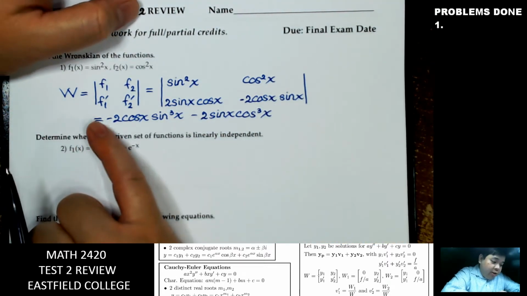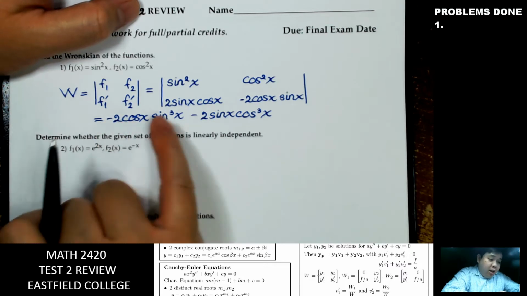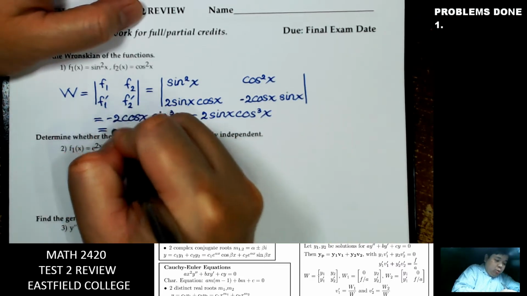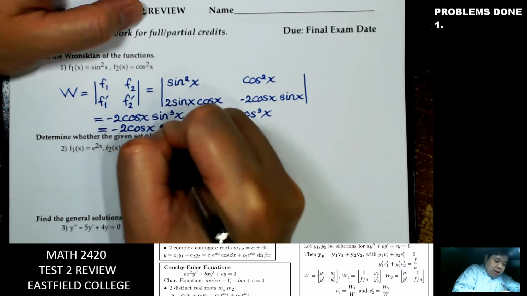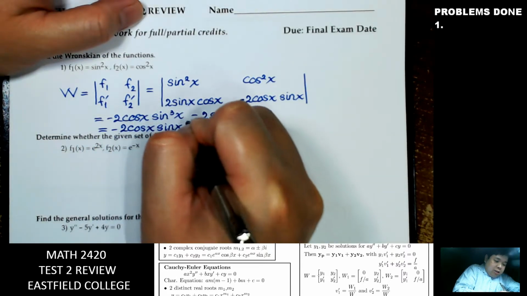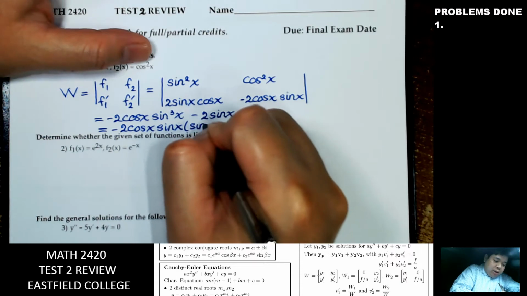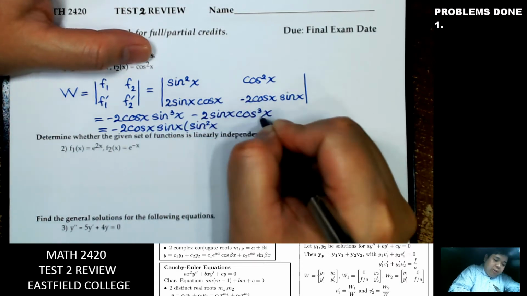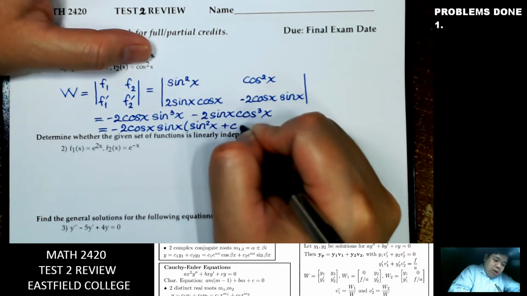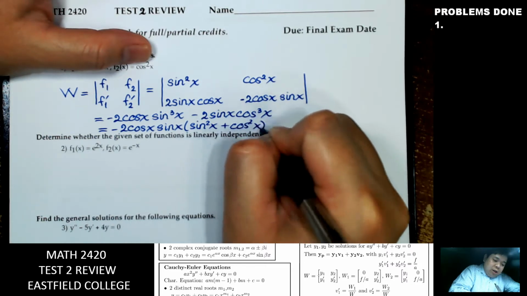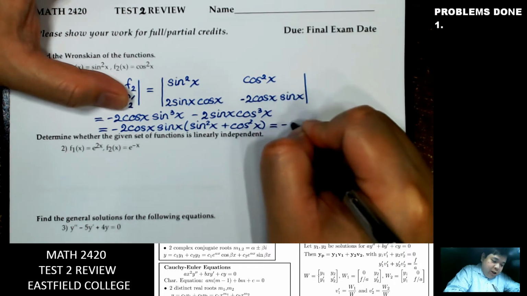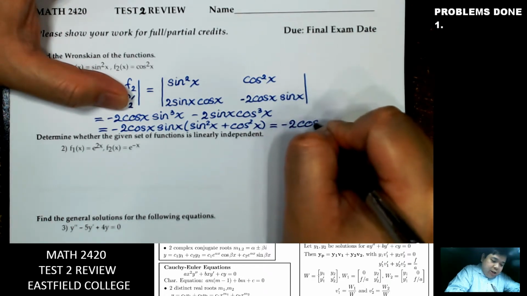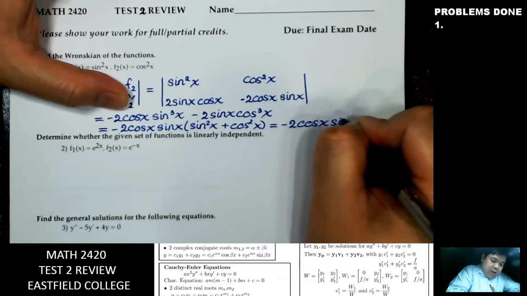Both of them have negative 2, a sine and a cosine, so factor out negative 2 sine x cosine x, and we have sine squared x plus cosine squared x, which is 1. So this ends up being negative 2 cosine x sine x.